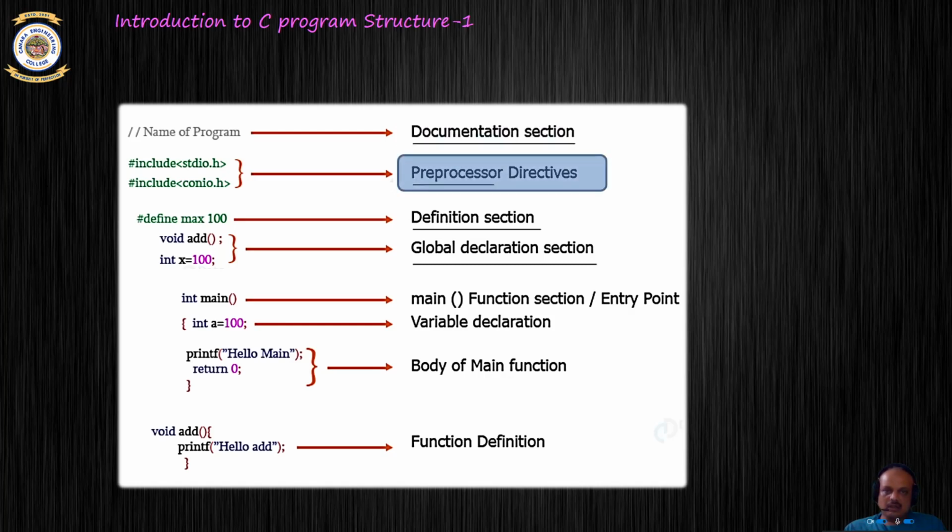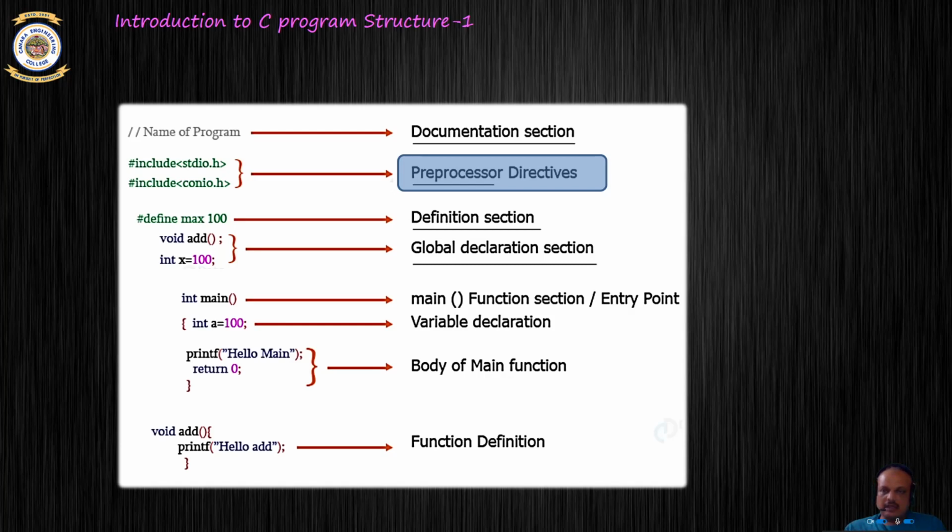The next block is called the pre-processor directives, also called the link section. It is the pre-processor directives which enable the programmer to make built-in functionalities available at a later stage. The built-in functionalities are provided in header files, which are also called pre-processor directives.